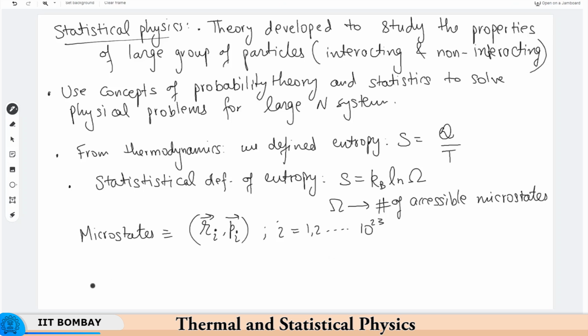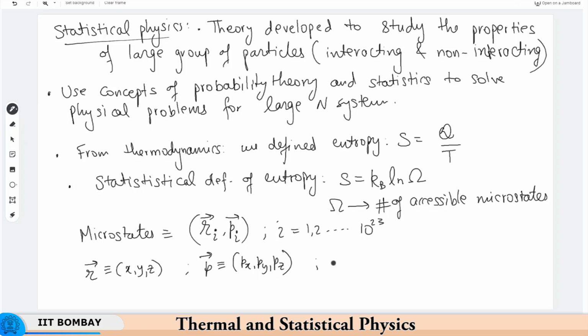But the problem that I'm basically talking about is the following, right. Remember, since we are defining microstates as the position and momentum coordinates of the molecules of our system, and since both momentum and position coordinates are real numbers, they can range continuously. So, r is typically x, y, z positions of a particle in real space, and similarly p is px, py, pz, right.